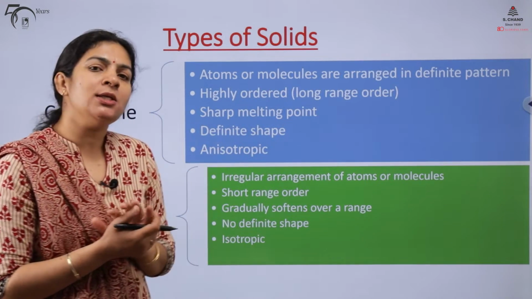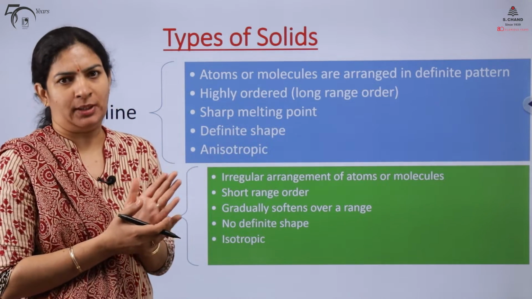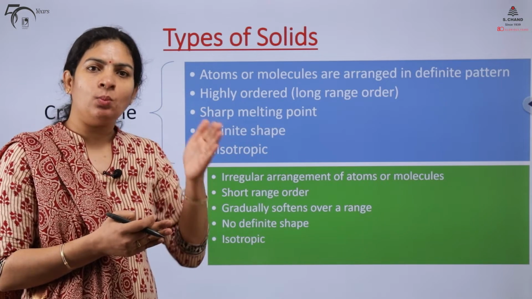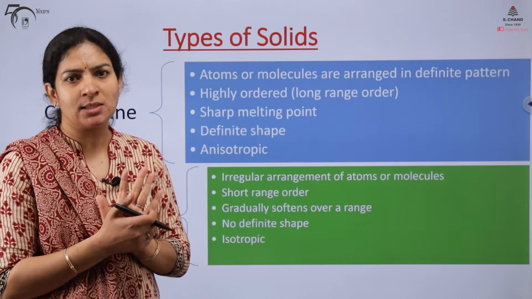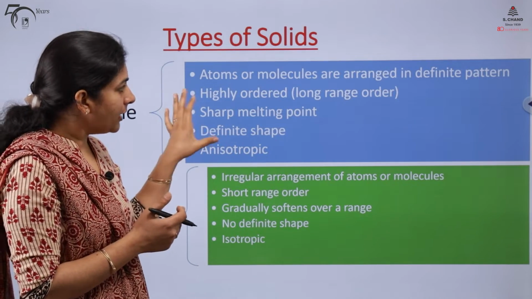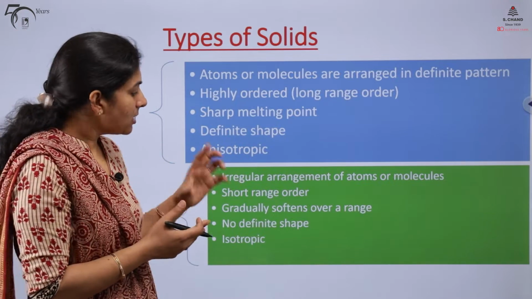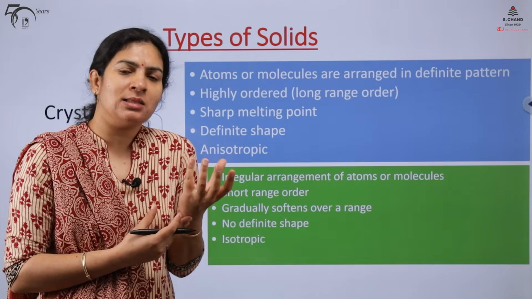For crystalline solids, this change happens very sharply. When the solid starts melting and until the melting is over, the temperature remains the same. So crystalline solids have a sharp melting point. Whereas for amorphous solids, you must have seen glass. How does glass melt?